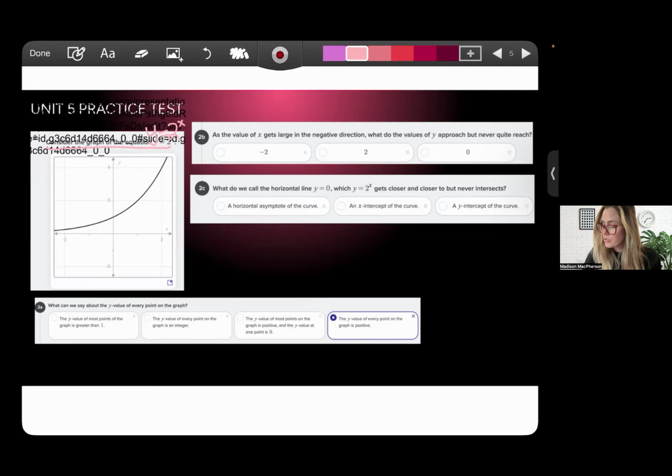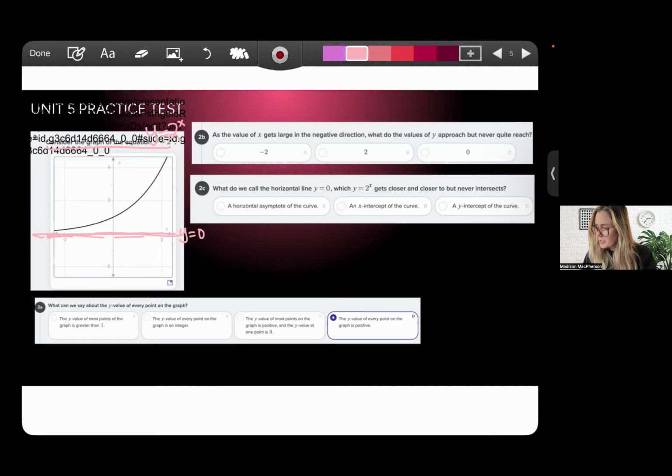This is an exponential graph, and we can see that our horizontal asymptote is at y equals 0. Okay, the horizontal asymptote tells me that nothing will ever touch or go down below that asymptote. So all of our points are going to be up above the x-axis, which means all of our y values are going to be, if they're above 0, that means they're all positive, right?